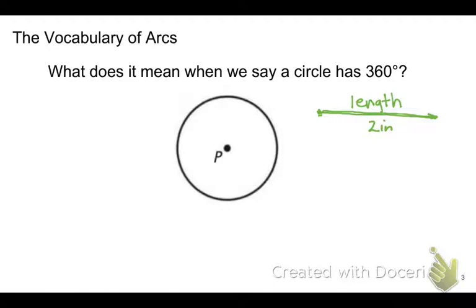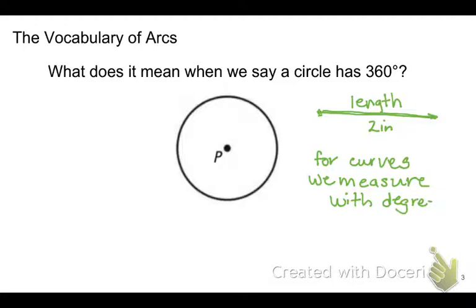But that doesn't work for curves. For curves, we don't use lengths like inches or feet or whatever. For curves, we measure with degrees. And again, we need a reference point, just like we had a reference point for length.